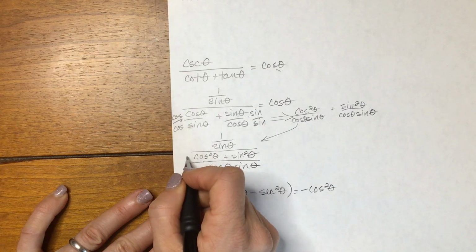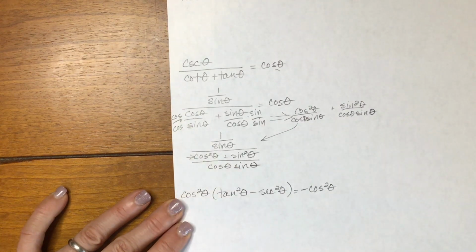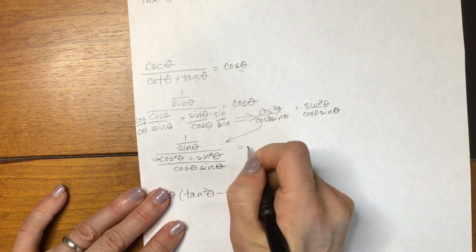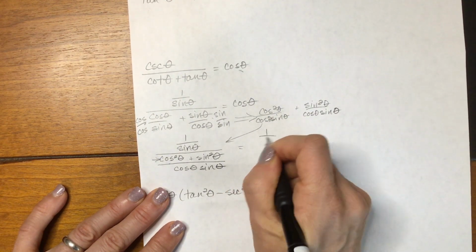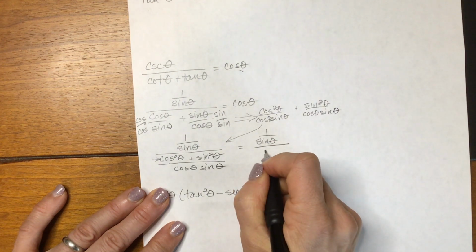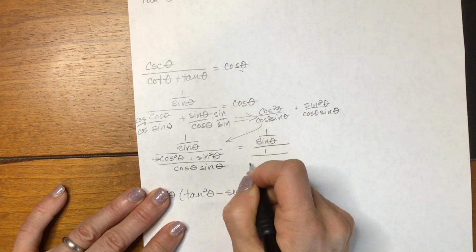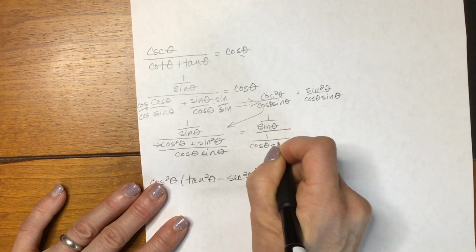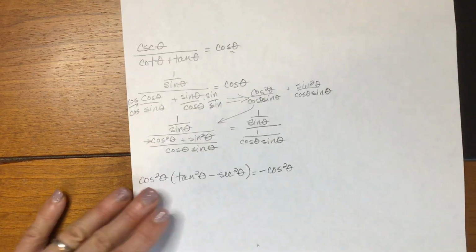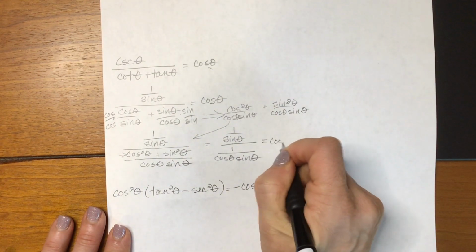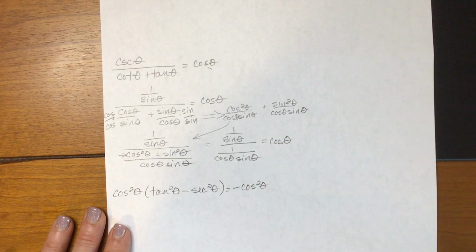So all of this right here is just going to be 1. So we're going to simplify that to be 1 over sine, still in the numerator. But now I have 1 over cosine times sine. Much more simple. And I want this to eventually equal cosine.